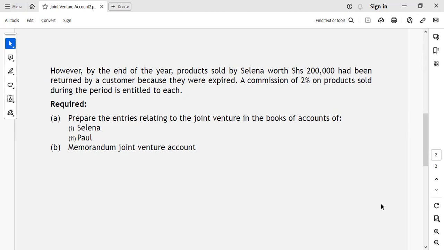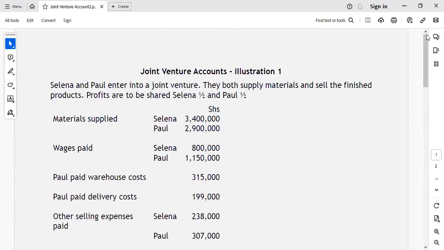So let me take you through this and you see how we come up with joint venture accounts, how we close them off, and then how we come up with a memorandum joint venture. So that's our question. Go through it again, then we see what to do.